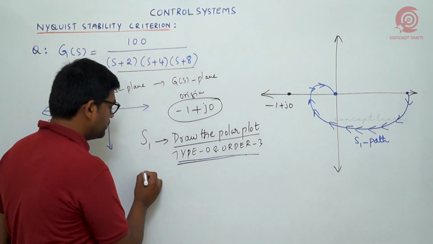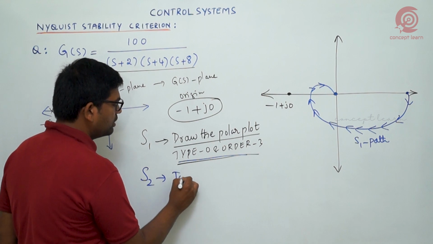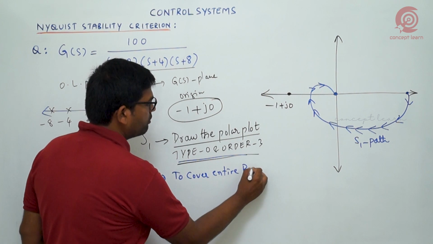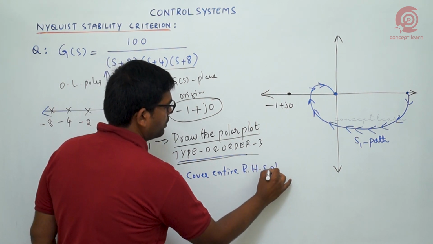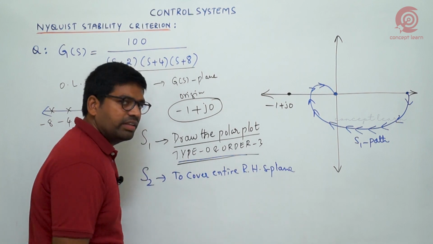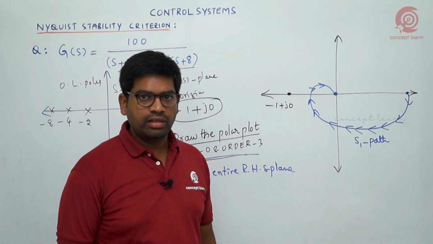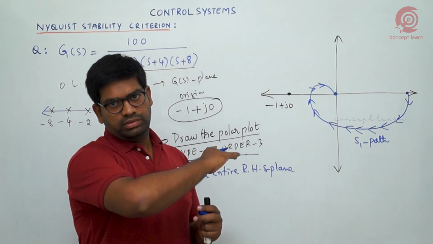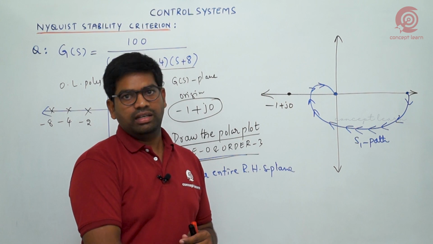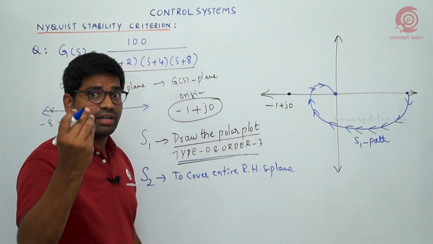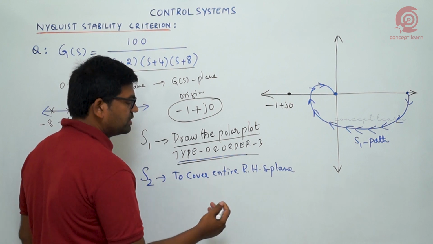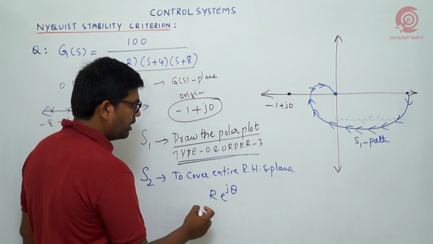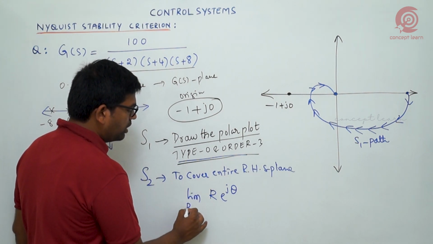Next path is to cover the entire right half of S plane. How to cover the entire right half of S plane? As I said, even in the earlier example also, we need to go with a semicircle in the right half of S plane. Semicircle with a radius of how much? Suppose the semicircle I am indicating with re^(jθ), where r tends to infinity.